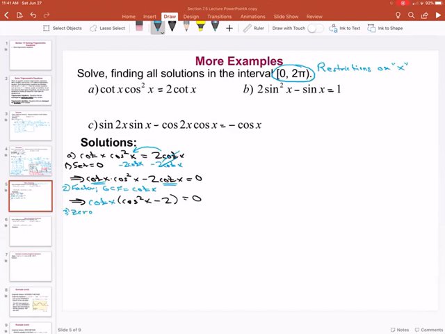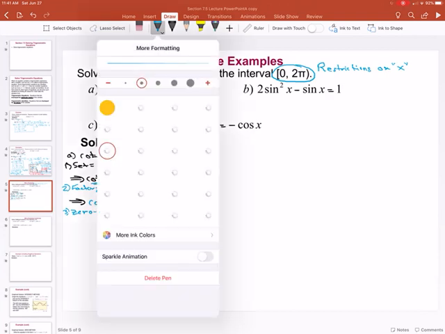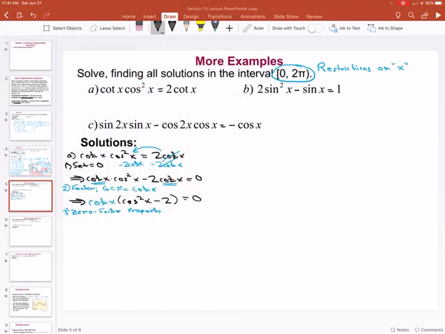So we know if this product's going to equal 0, then one of these factors is going to have to equal 0. So let's go ahead and apply that. Using, again, more algebra review in this trig equation, that implies cotan x can equal 0, or cosine squared x minus 2 can equal 0.